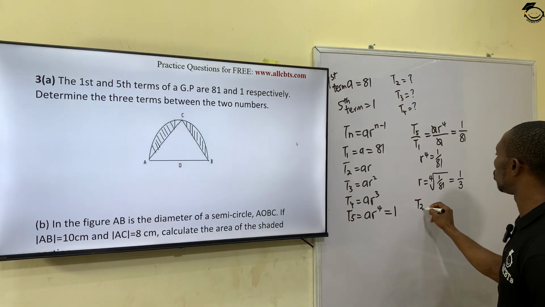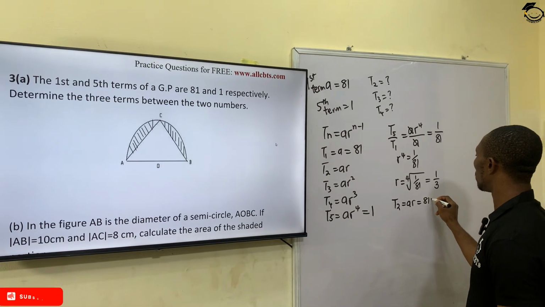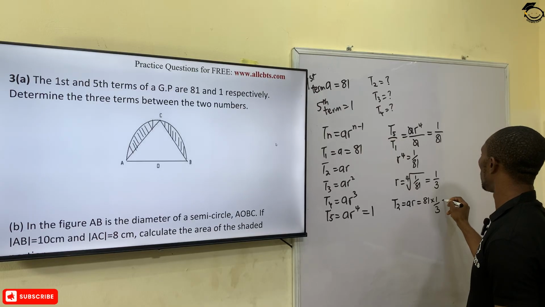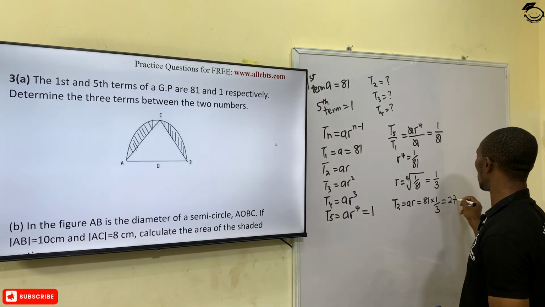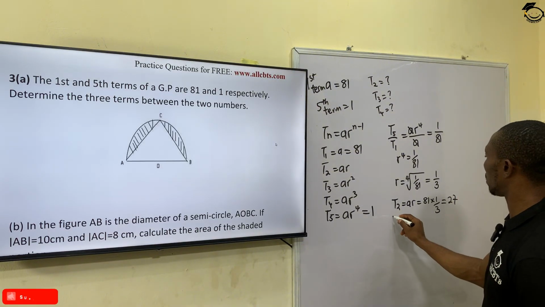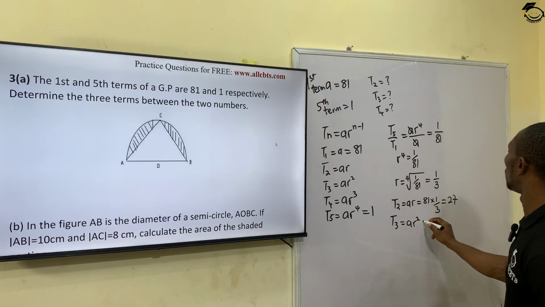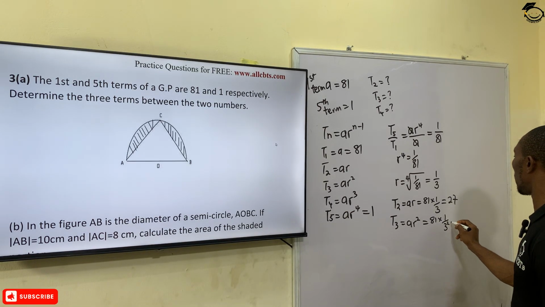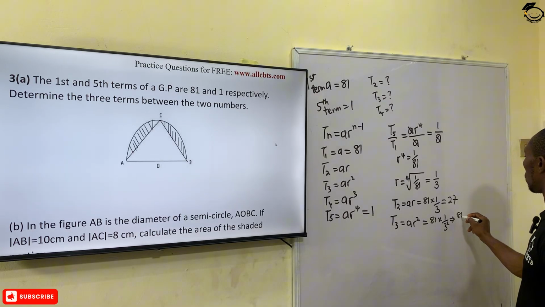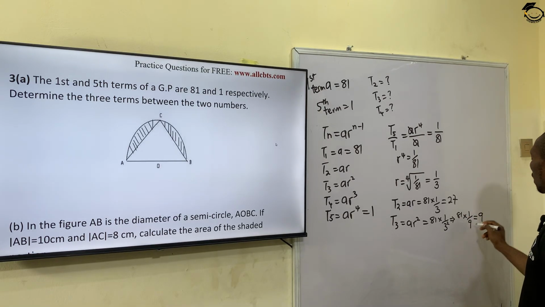T2, which is AR, becomes 81 times 1 over 3, which gives us 27. And T3, which is AR squared, becomes 81 times 1 over 3 squared, which is 81 times 1 over 9. So 81 divided by 9 gives us 9.